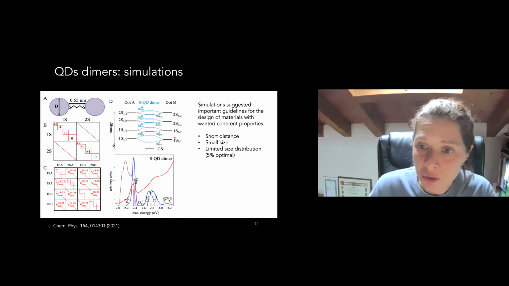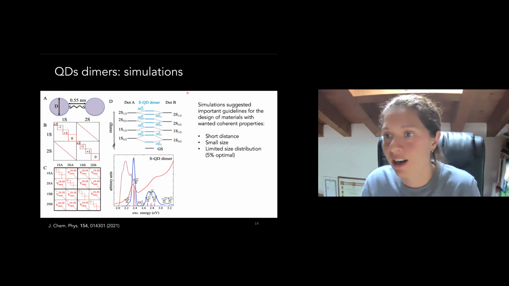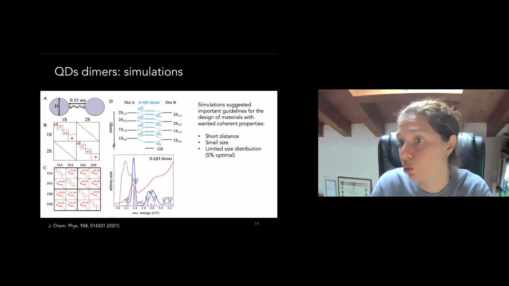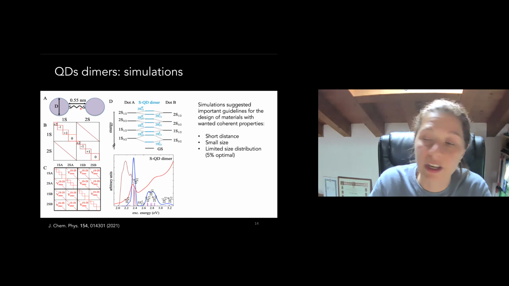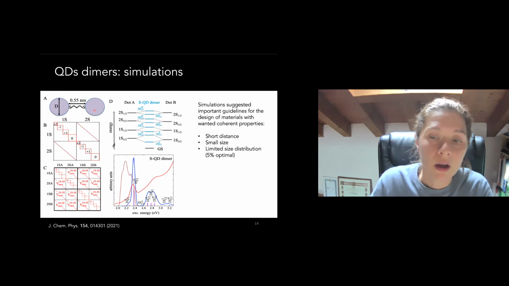Now, simulations also suggested important guidelines for the design of the material. First of all, in order to have the formation of an effective dimer, you need a short distance between the two dots, and this is kind of intuitive, right? This is why we use this very short ligand. The ligand in the experimental sample is half a nanometer, more or less.